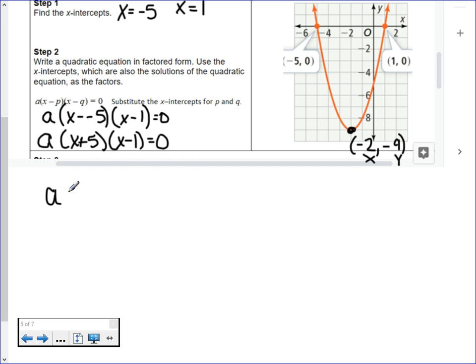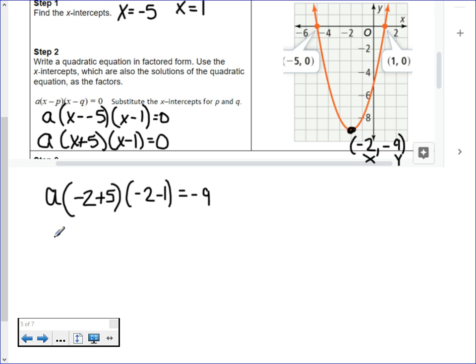So a, instead of x, we're going to use the -2 from this point, plus 5. Same x as before, -2, minus 1. And instead of setting it equal to 0, we're going to use our y, which is -9. We are going to simplify that.